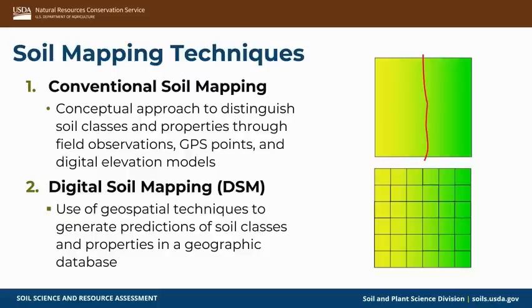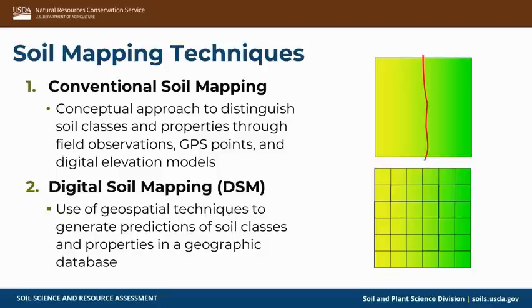Now, digital soil mapping, on the flip side, is more quantitatively driven. You're using geospatial techniques to generate a predictive model of soil classes and properties in a geographic database. This is a quantitative model to help predict these different soil classes and properties in a GIS manner.